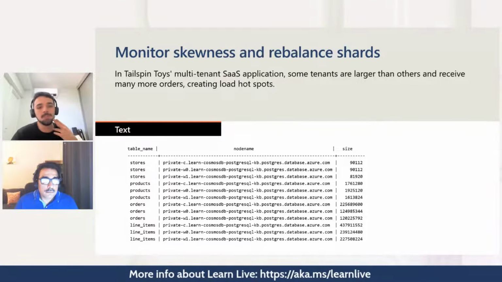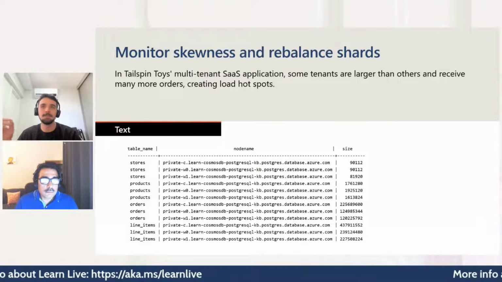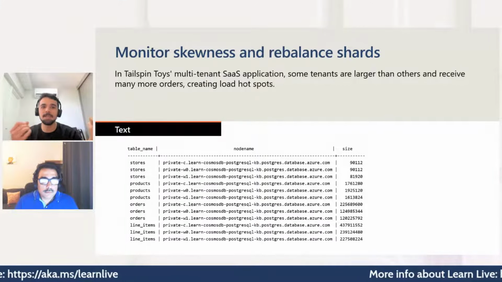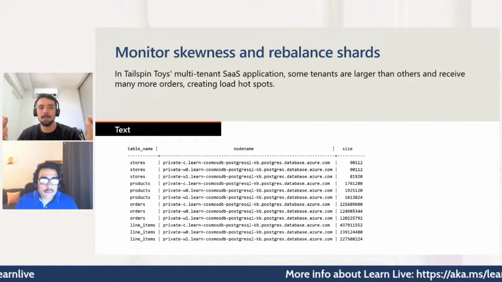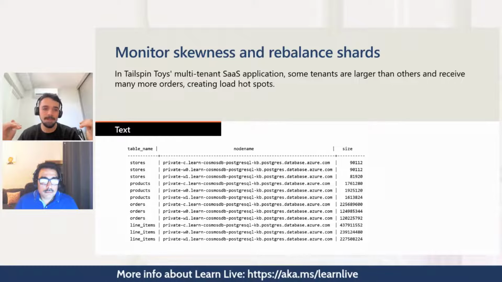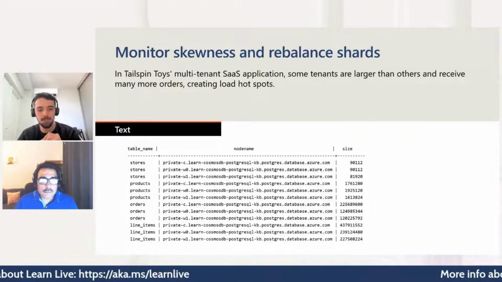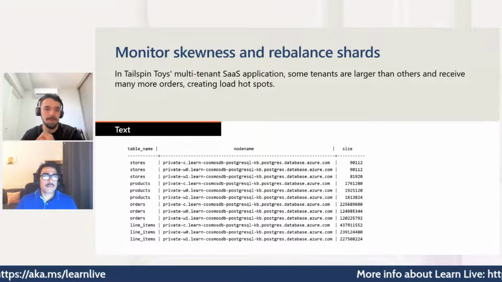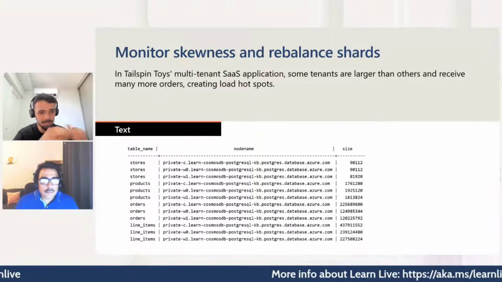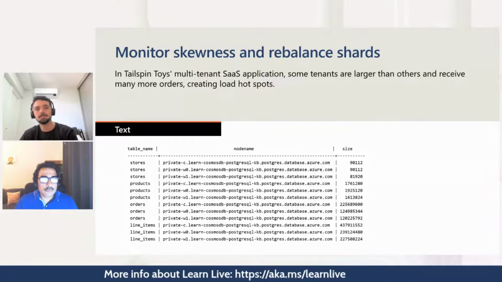So what you can also do is rebalance your shards by disk size, so that some nodes might contain more shards than the others, but the amount of disk used will be balanced. So that's something that you can do, and you can also write your own rebalance strategies. But that's a more advanced use case of Citus. Okay.